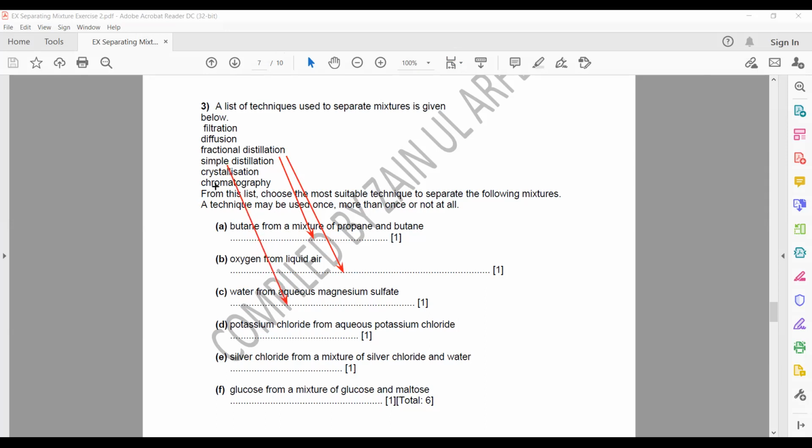Potassium chloride, a soluble salt, so we use crystallization. Silver chloride, an insoluble salt, so we use filtration. And glucose, amino acids, you can mention crystallization, but the best technique to separate them is chromatography. Is it clear?